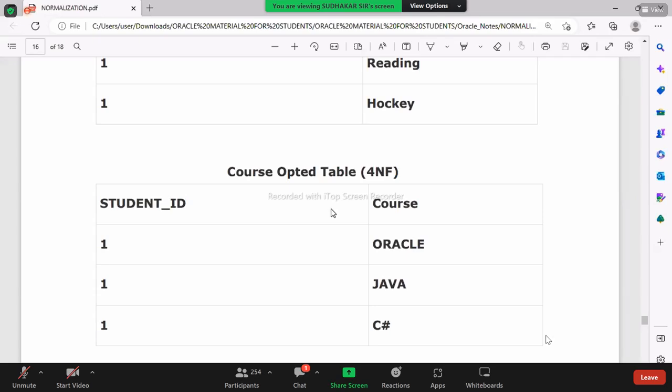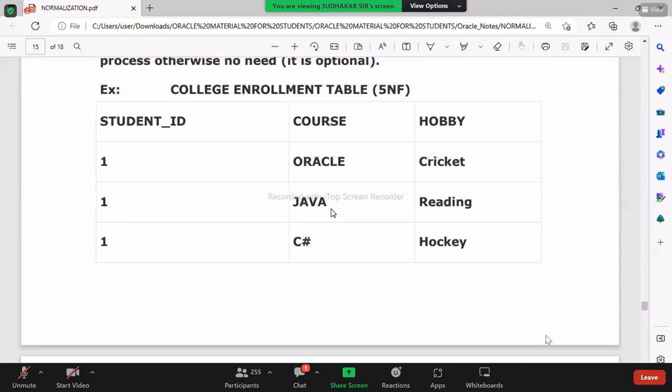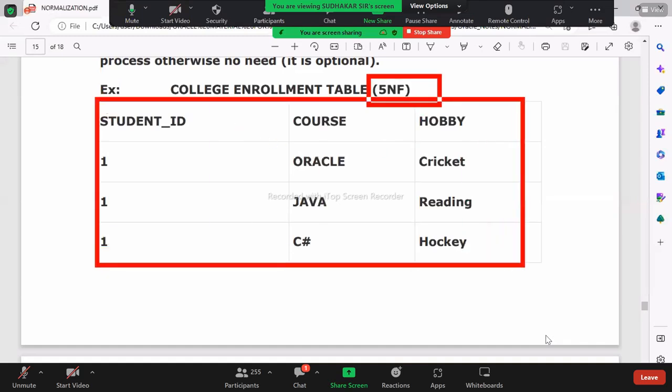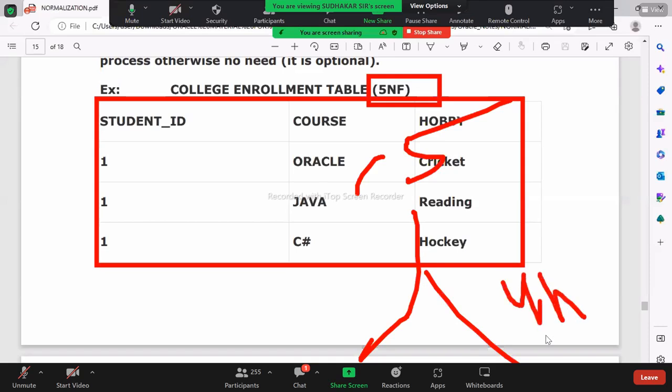So that's why you can see this table is called what now? 5NF. I'm taking this table as 5NF because it has multi-valued columns, more than one is there, but don't split. If you don't split, this is called 5NF. If you split it, this is called 4NF. Understand now? If you're splitting, no problem.